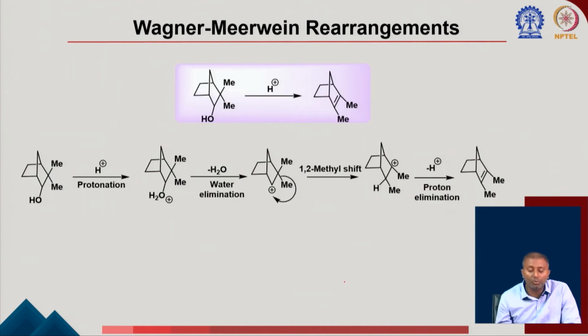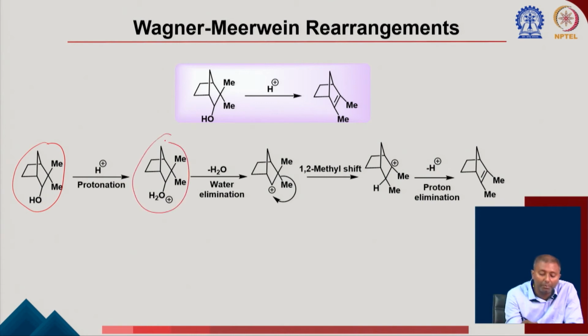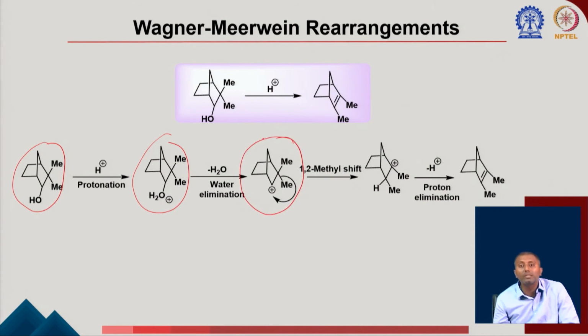So, let us go to this particular example here. What is happening here? First, again, the protonation of this OH to generate this compound. Now water elimination is happening to generate this carbocation. Now it is very interesting, because there are a couple of different possibilities.